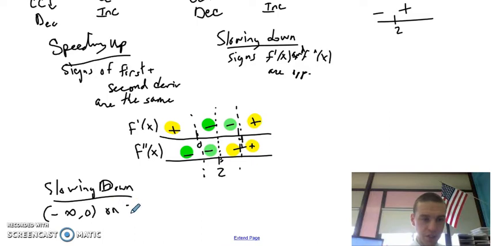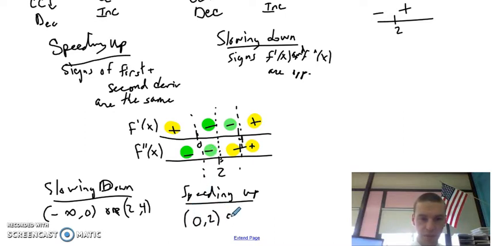We're speeding up where the signs are the same: 0 to 2, or 4 to infinity.